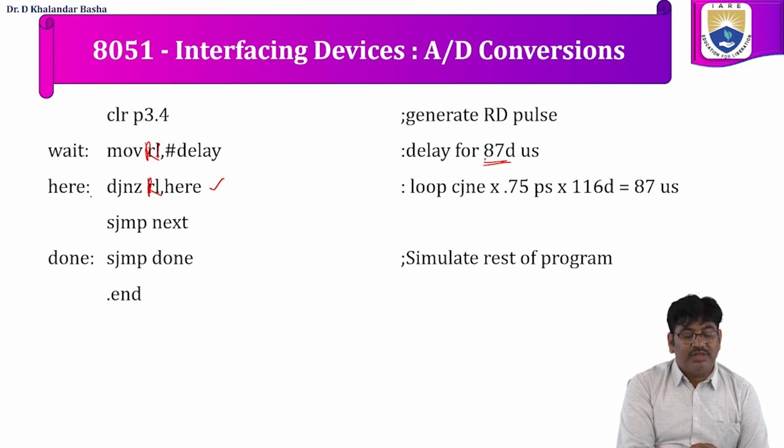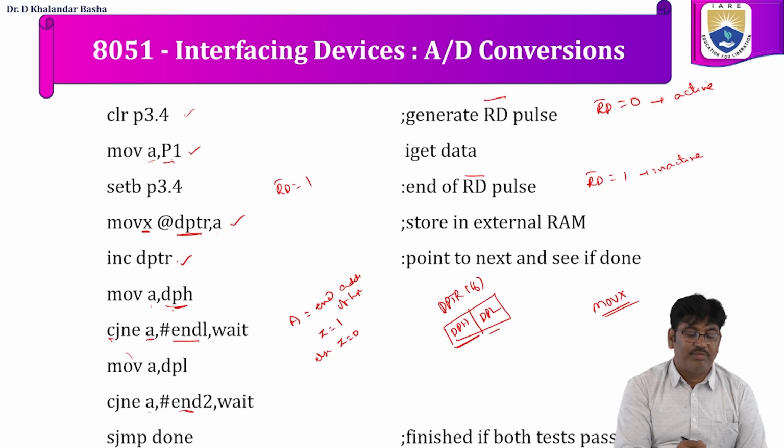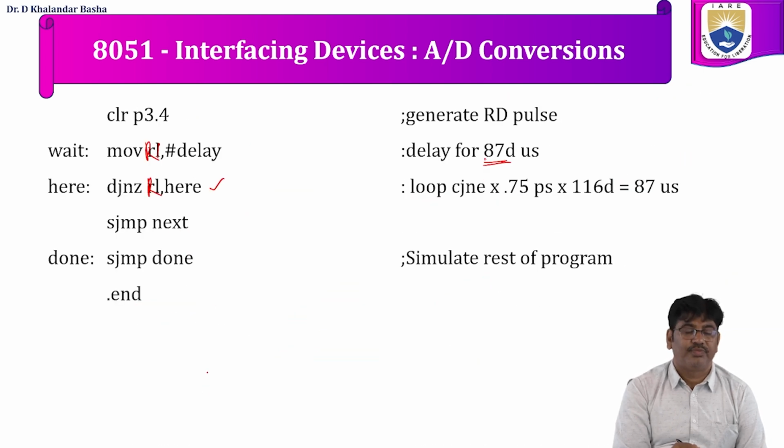Once this is done, you go to SJMP NEXT, where again it goes for the write pulse, then it sets the write pulse, and the remaining process takes place. When the conversion is done, we simply reset with the same instruction. Then we end with the END directive.